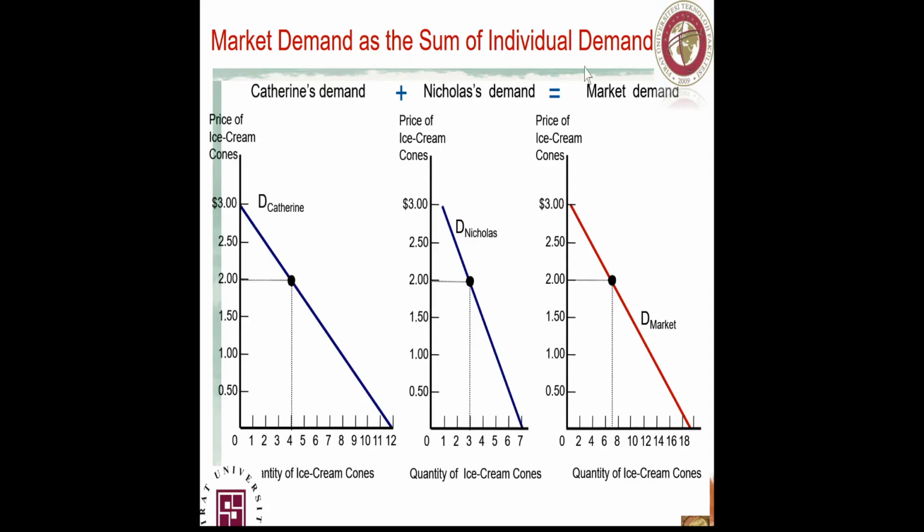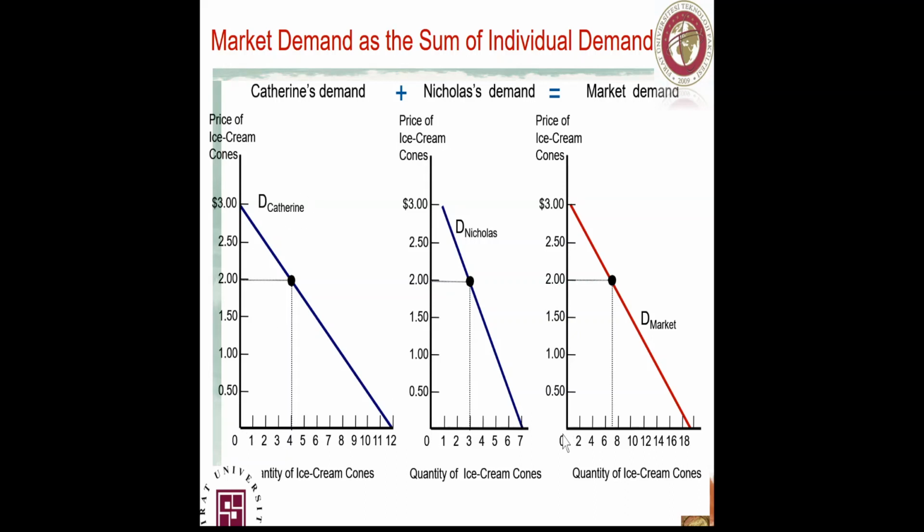Actually, I should have provided the demand schedule for Nicholas, but it doesn't matter because we can pick it up. Let's say at price 3 here it's available. Nicholas is demanding 1 cone of ice cream, so we can sum up the 1 for this price plus 0, because at the price of 3, Catherine is not buying any.